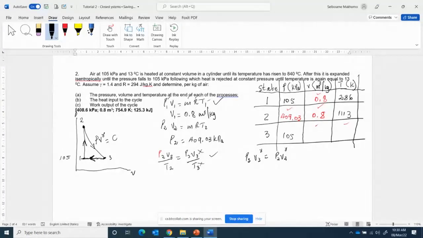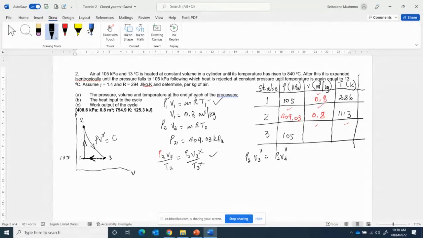Unfortunately, you can only use this formula for polytropic and adiabatic processes only. You can't use it for isothermal, isobaric, or isochoric, because for isothermal and isochoric there is no gamma. So this formula is only applicable for polytropic and adiabatic processes.